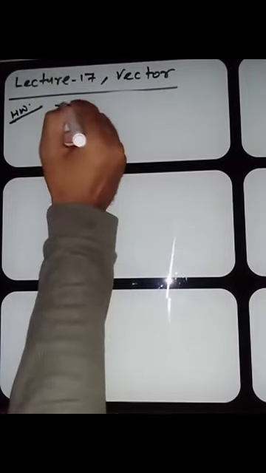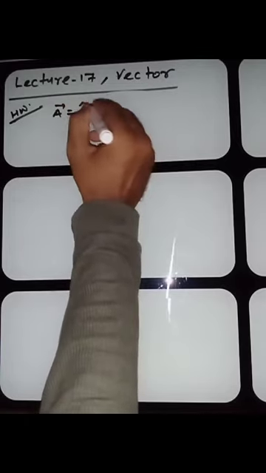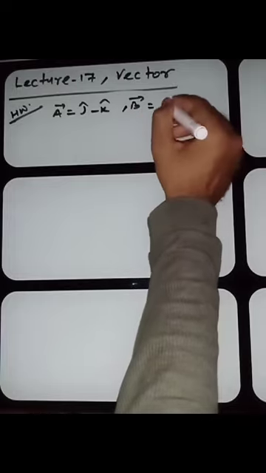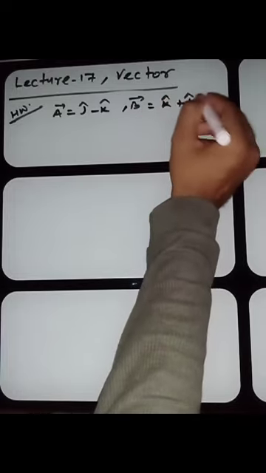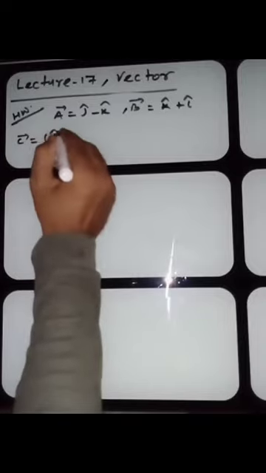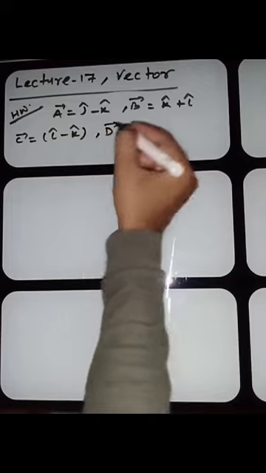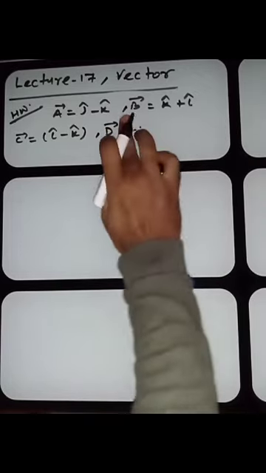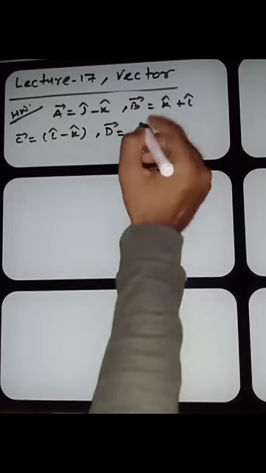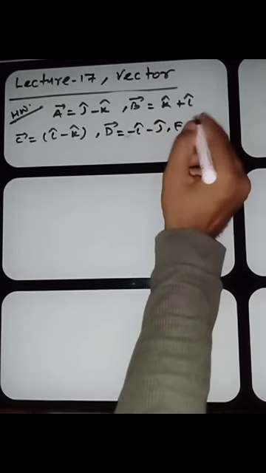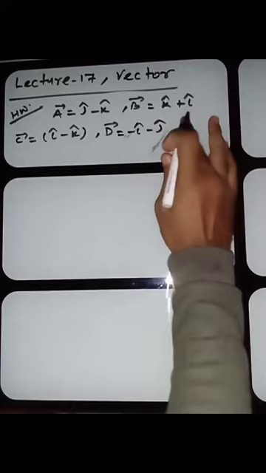Vector A is j minus k, vector B is k plus i, C is i minus k, D is minus i minus j. All right, this is all.